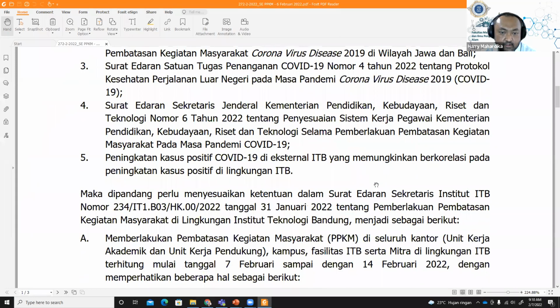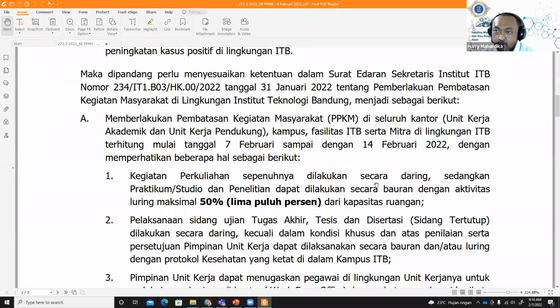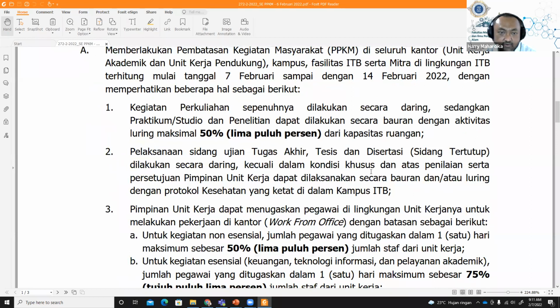And then if there are classes that have practical experience in the laboratory, the number of students coming to campus will be limited to 50% of the total capacity of the respective room.